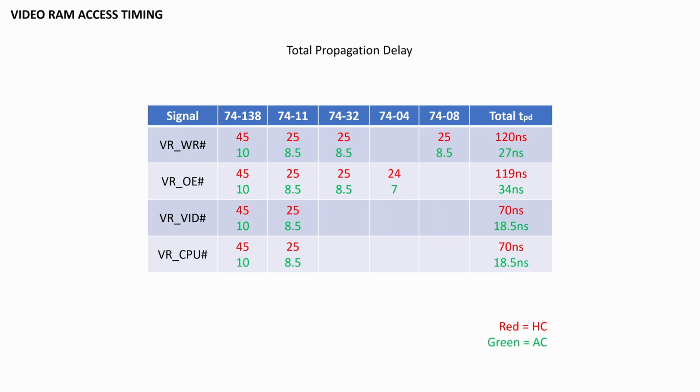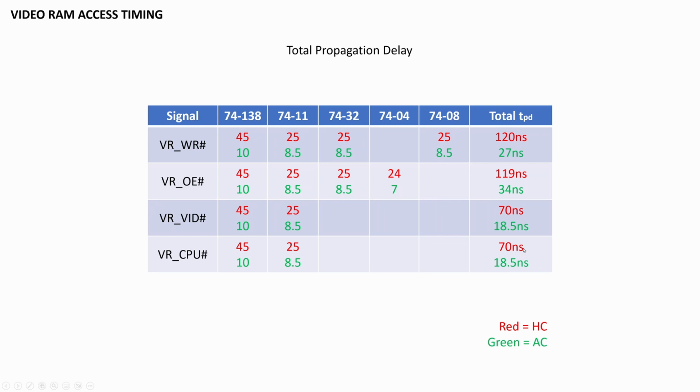But we are technically quite a bit out of our specification because we need to be under 100 nanoseconds, and 120 is quite a long way out. Very similar story for the output enable line coming in at 119 nanoseconds. But the video line and the CPU line are actually okay at 70 nanoseconds.